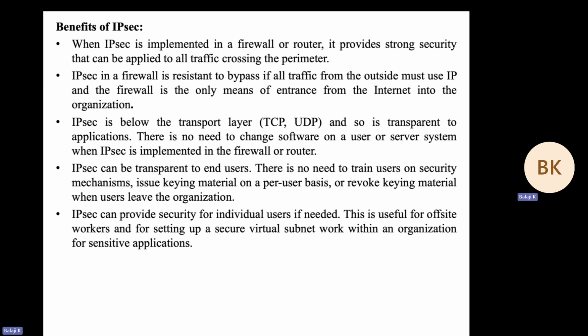For some users, you can give this as additional security so that whatever sensitive data they exchange from the organization to others will be protected, and no attackers can access that type of data. That is another advantage of the IP security model.